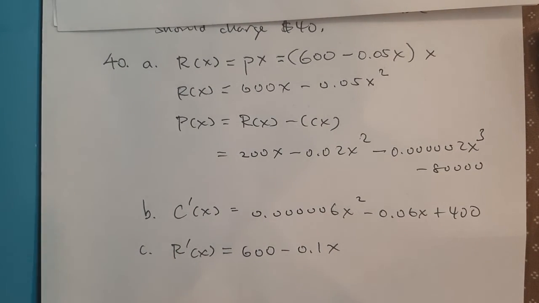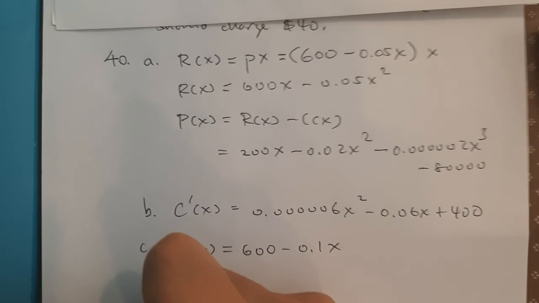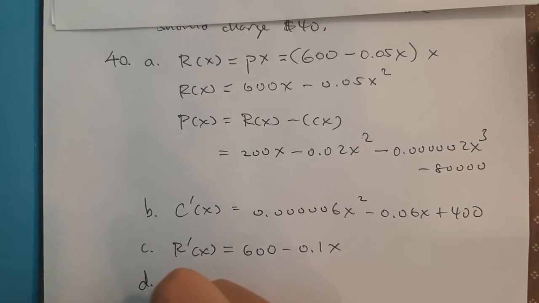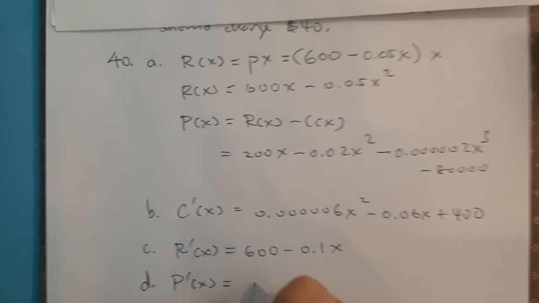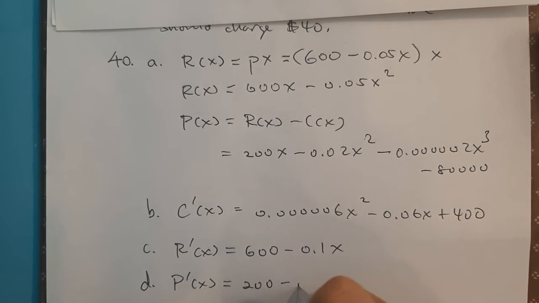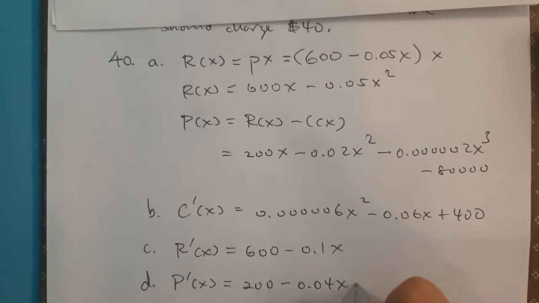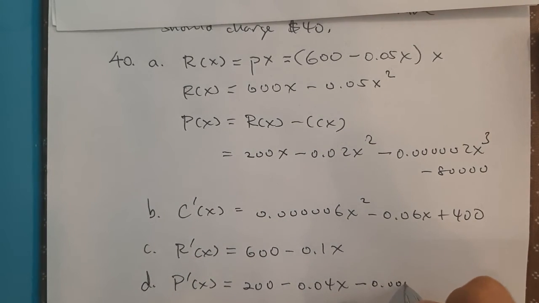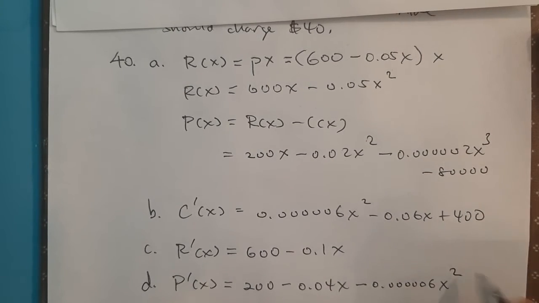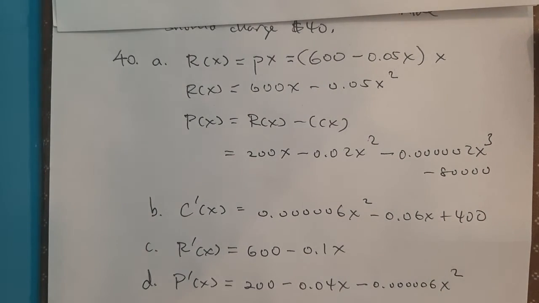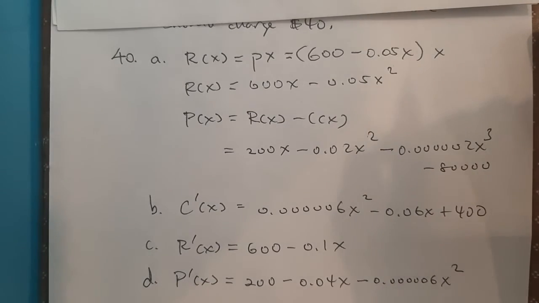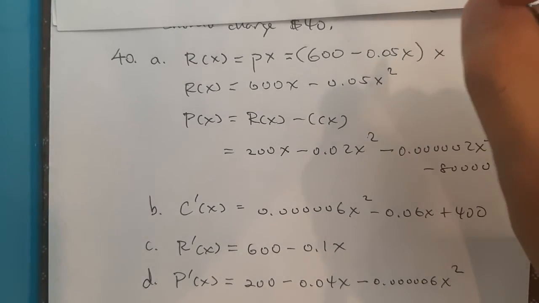And then D is the marginal profit function. So P prime of x equals 200 minus 0.04x minus 0.000006x squared. And then E is to do some computations.